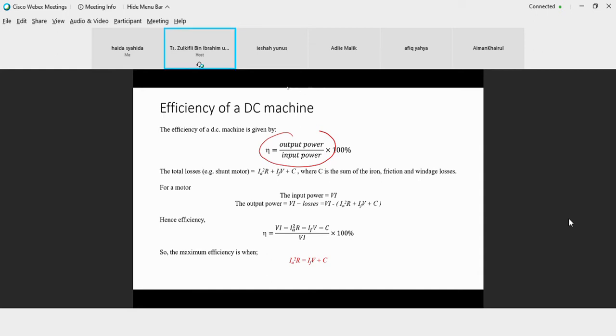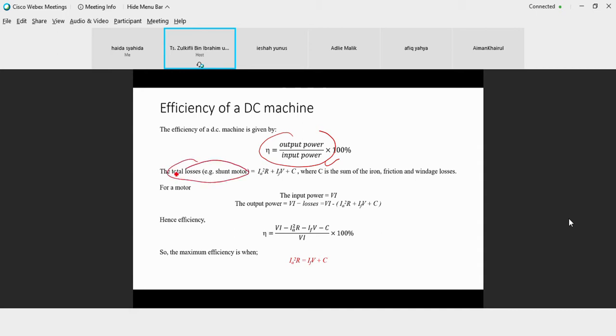So that is the usual, the standard calculation. Okay, in the machine, what is involved in the losses?